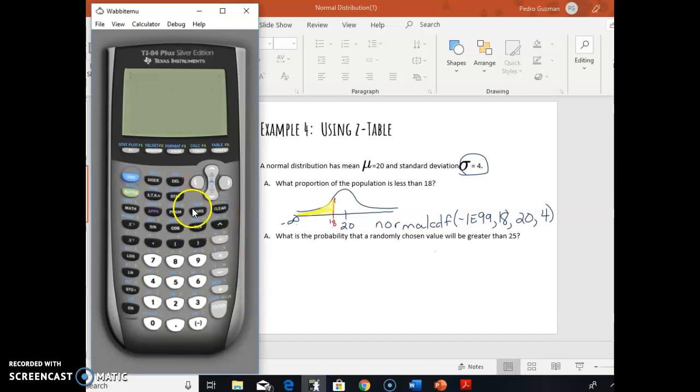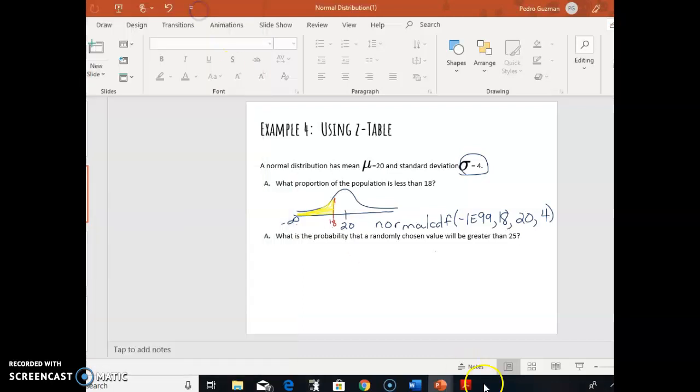So second vars, number 2, left boundary is negative 1, second comma for e, 99. The upper boundary is 18. The mean is 20. The standard deviation is 4. And we get 0.3085.